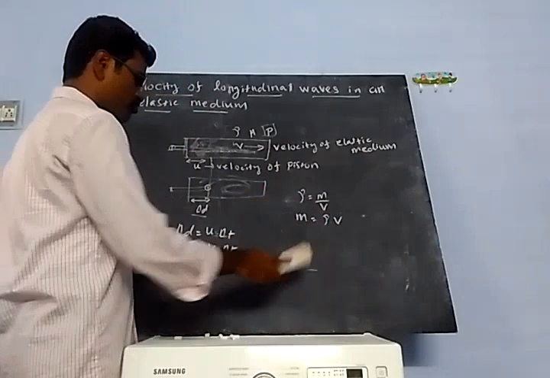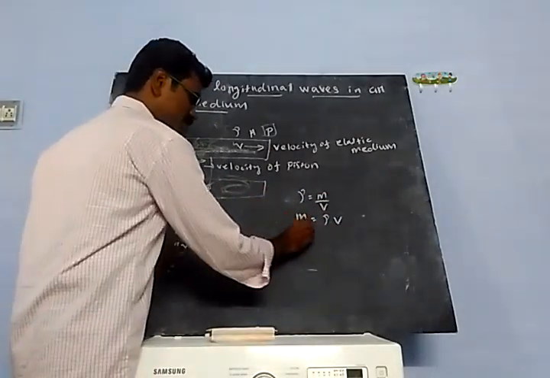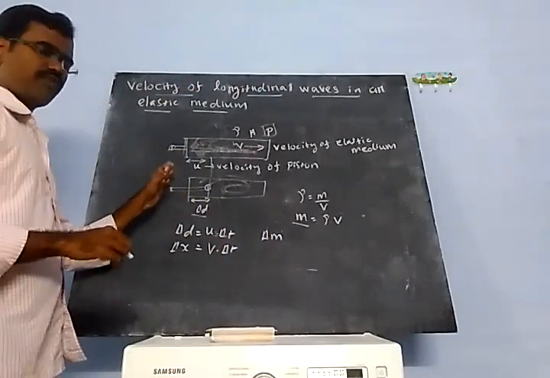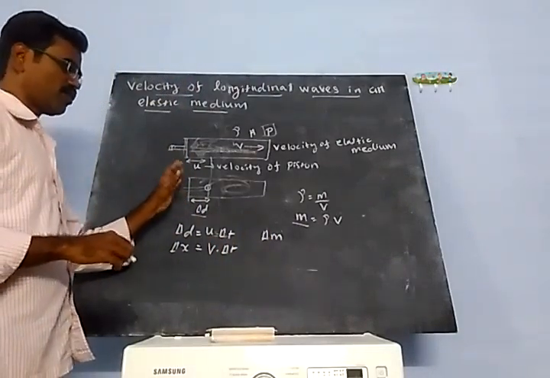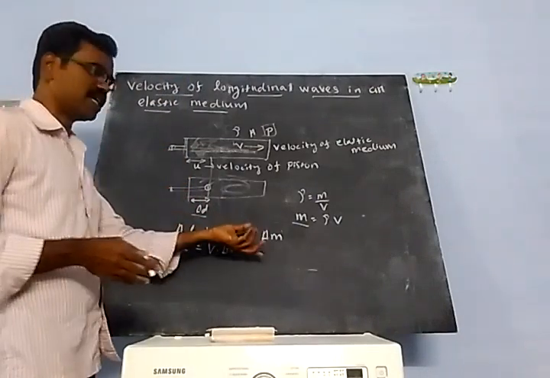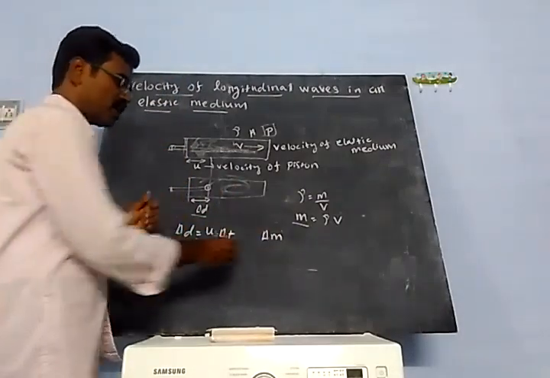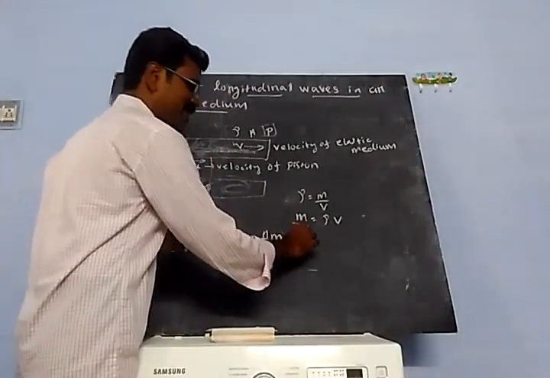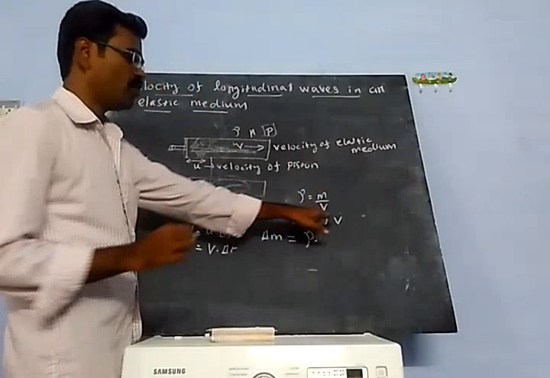Because the piston moves some distance, the distance varies, so the mass also varies. So I take del m, which is equal to density into volume.